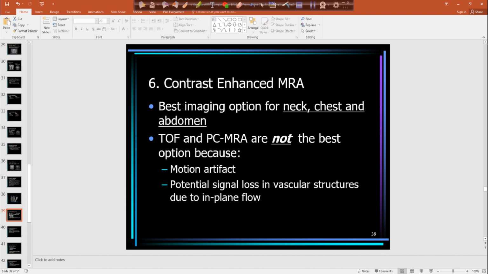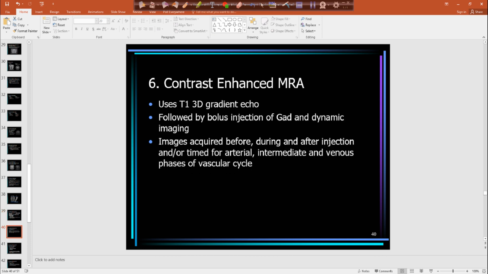So contrast enhanced is great for these areas because we're imaging very fast. So we're using a 3D T1 gradient echo, so that's going to be an incoherent, spoiled gradient echo. We're going to get a pre and a post. Usually for our post, we're going to inject our contrast using a bolus injection. A bolus injection is just a lot of contrast at a very fast rate.